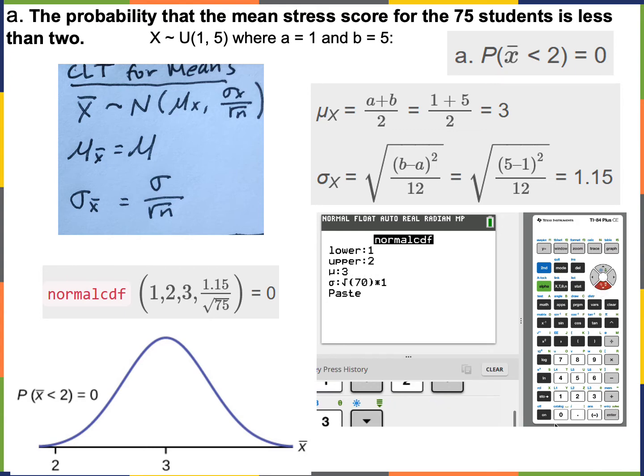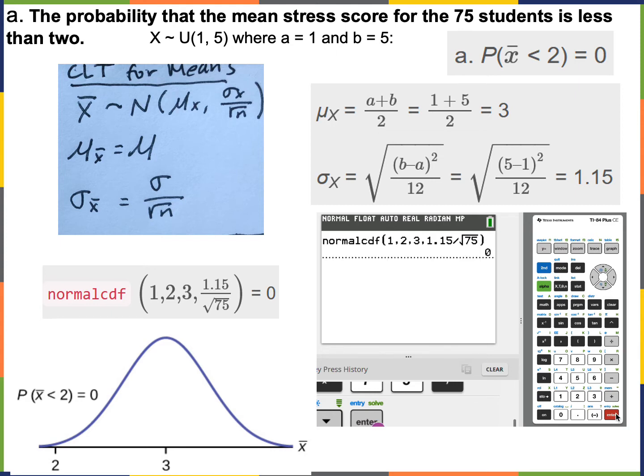And then our standard deviation for the means is going to be 1.15 divided by the square root of 75. Then you go down to paste and hit enter. Enter again. And you see here that it's pretty much 0. That's so tiny that it's basically just 0.